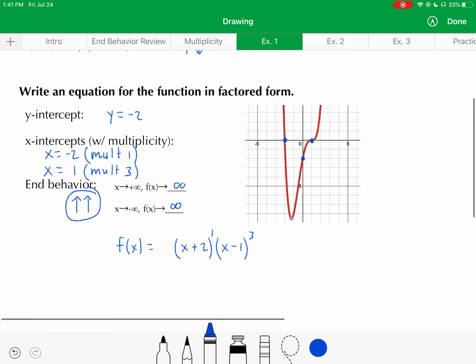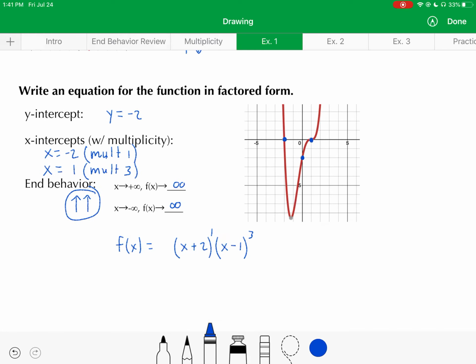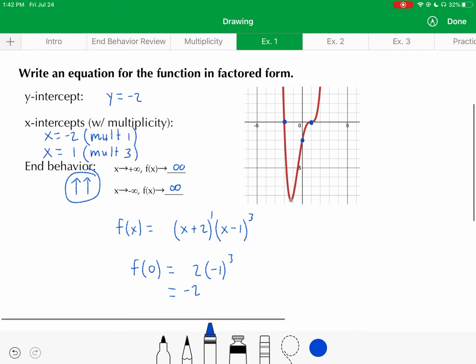Now, we have to verify that this function has the y-intercept of -2. To do that, just evaluate it with 0 for x. So that would be 2 times -1 to the third power, which of course is -2. Had the function not had the proper y-intercept, then you would just have to play around with a coefficient that you put out in front here in order to match that y-intercept.